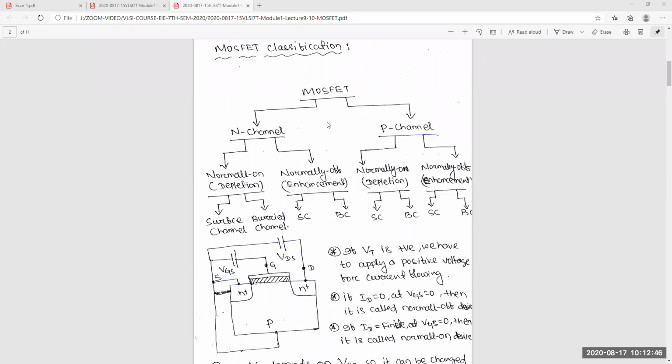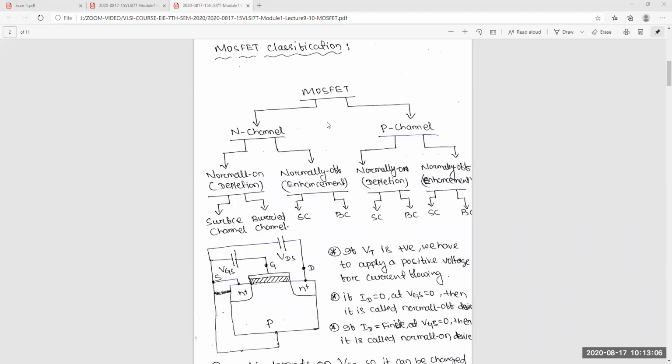In that case, the threshold voltage is a positive voltage. Until you touch that threshold voltage, the device will not turn on. So this is a normally off device, meaning without giving any voltage, the device will be off.